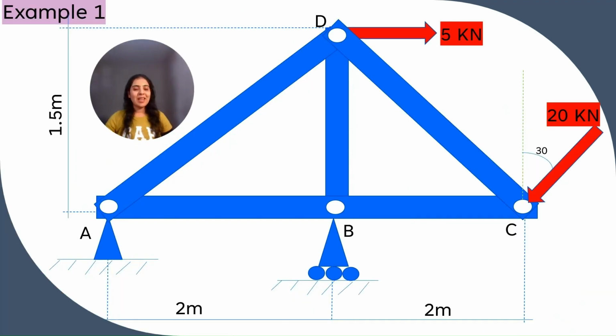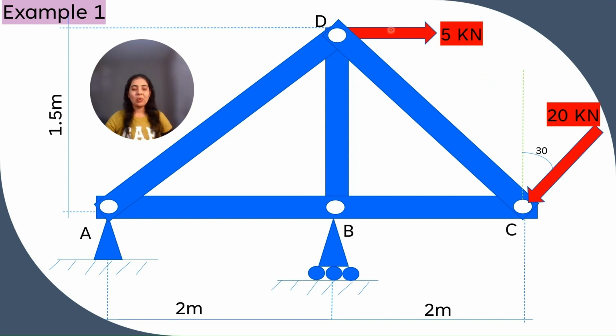This is the example. In this example, you can see this is a triangular truss with support A as a pin support and support B as a roller support. You can see all the joints are pin connected and there are only joint loads.